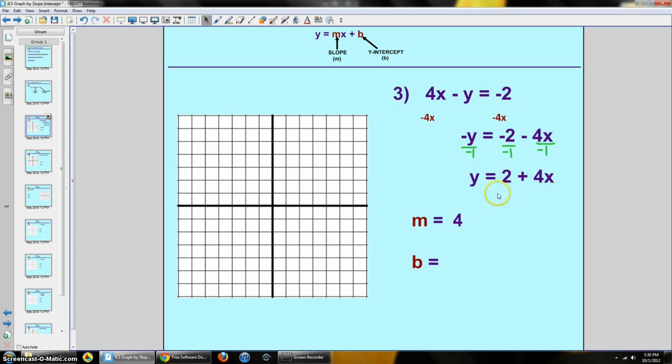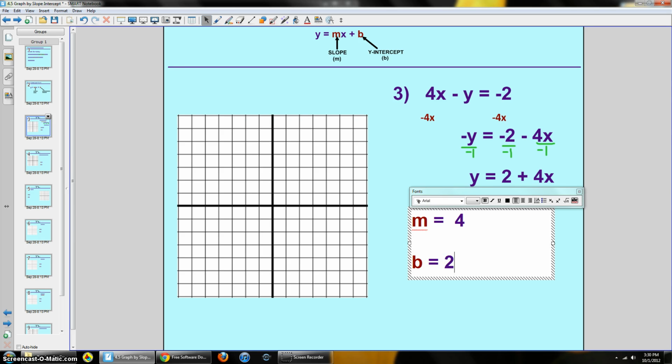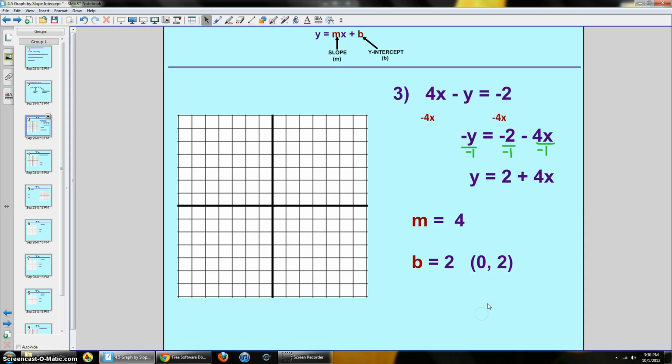And the number that is not multiplied by the x is the 2, so that is my intercept. Sometimes the problems on the homework will ask you for an intercept. Sometimes they'll ask you for the actual whole coordinate. This gives us the point (0, 2). And we're going to use this information to help graph it.